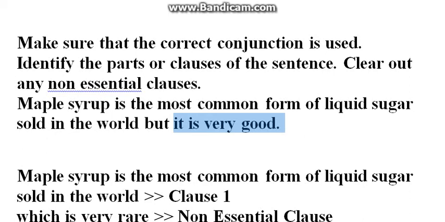So the conjunction but right here is wrong because these are not clauses that contradict each other or that are opposite. These are clauses that belong together. So these are clauses that explain each other. So instead of saying but, we should say maple syrup is the most common form of liquid sugar sold in the world because it is very good, and we have the correct conjunction used there.